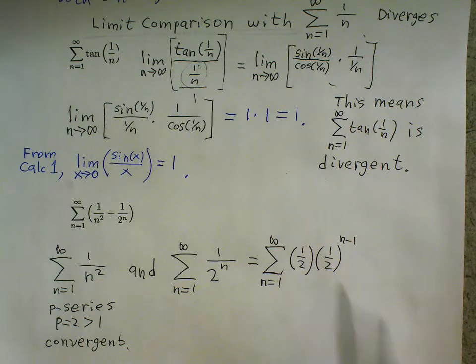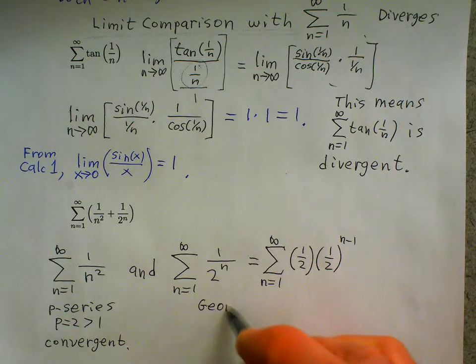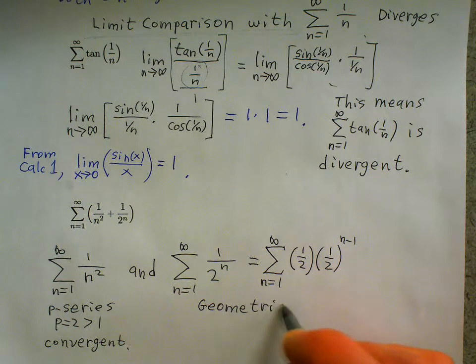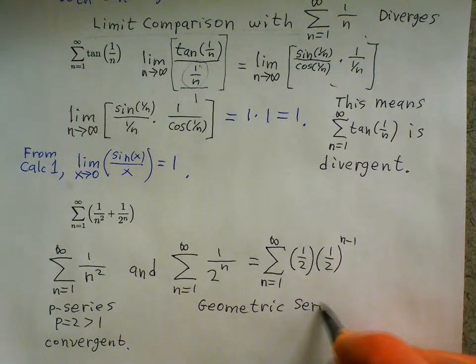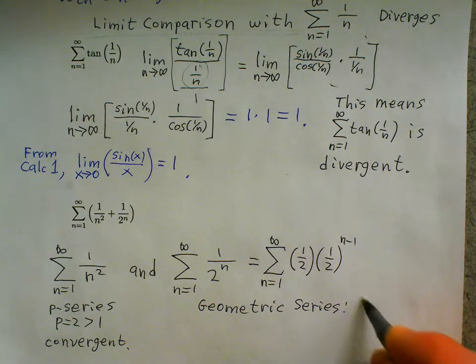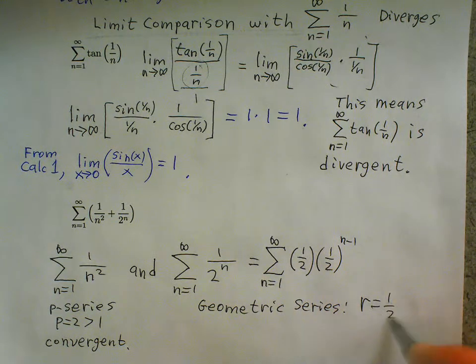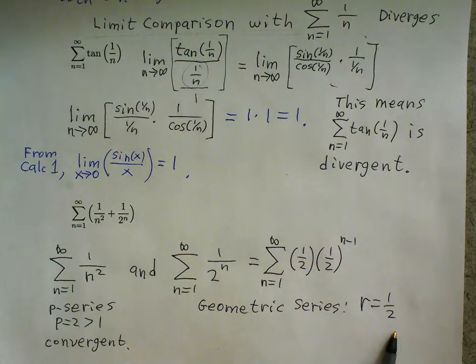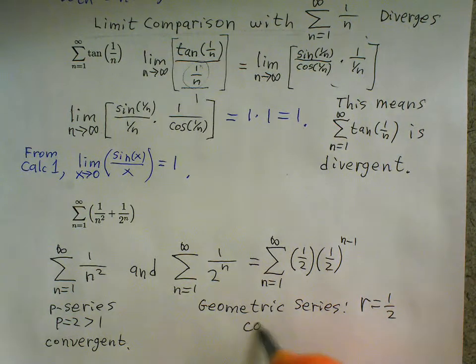So it also converges. A geometric series converges if the common ratio is between -1 and 1. So this is convergent.